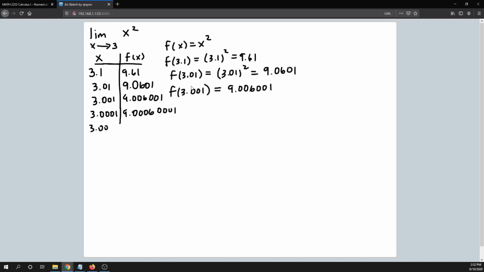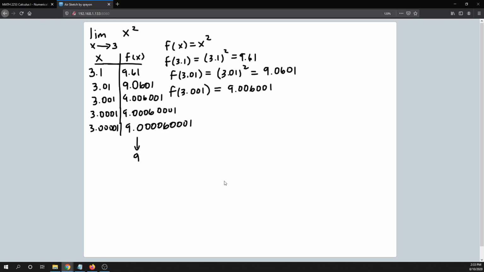And one more time, when you plug that into f of x, you are going to get a value that looks like so. These values of x are getting closer and closer to 3, so we look at these y values and see what they are getting closer and closer to, and it definitely looks like these numbers are getting closer and closer to 9.